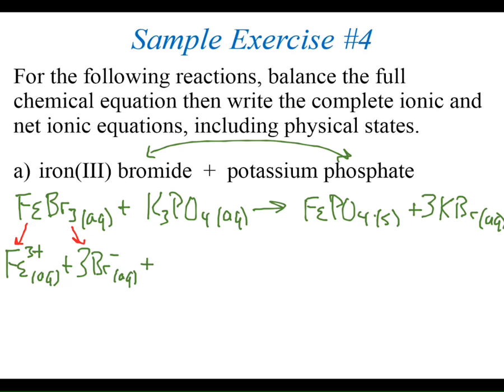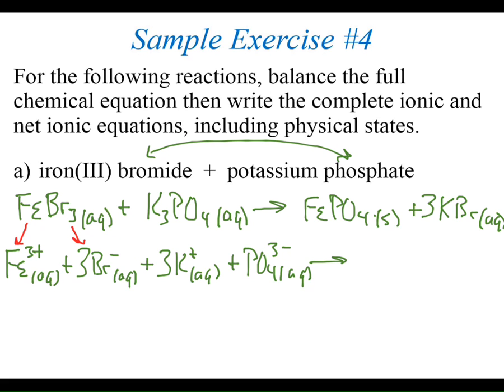You can be wrong, it's okay. It's going to make 3 potassiums, right? Because there's 3 potassiums with the phosphate, so I'm going to write 3 potassiums, aqueous. And then, what else? PO4, which is what? What's the 3 negative? Okay.